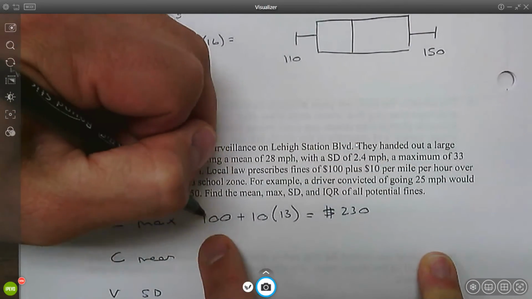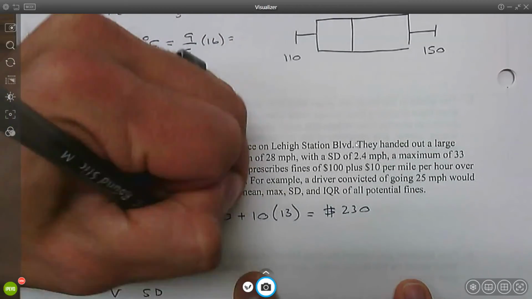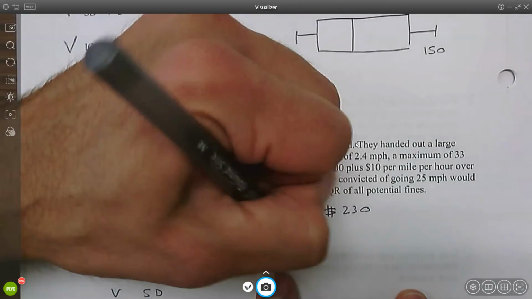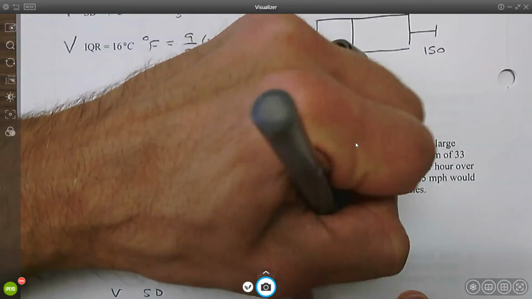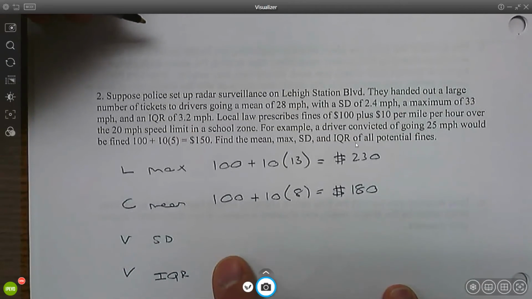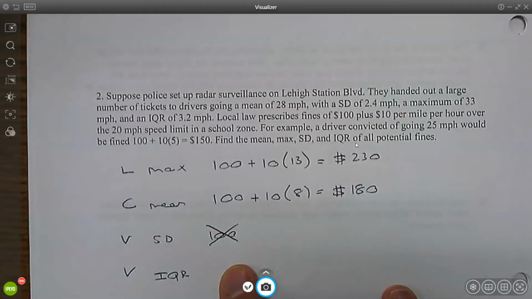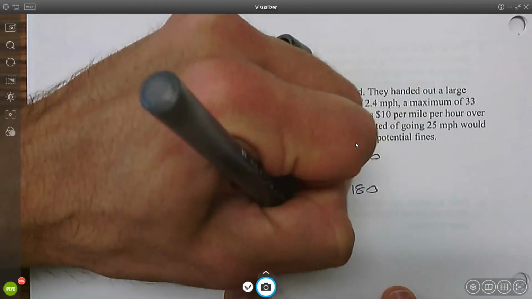It's a measure of location, so it's affected by both the shift and the rescale. Mean, same deal. Measures of center are affected by the shift and the rescale. The mean was 28, so they're on average 8 miles over the speed limit. This would be 180. Standard deviation is a measure of variability, so I don't do the shift. That's not changing the variability among the speeds.